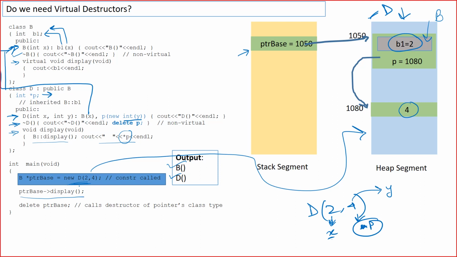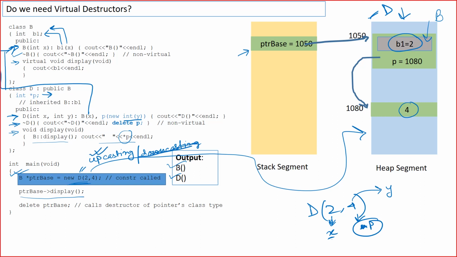Pointer base is pointing to this D. So here this is a base pointer and it is pointing to a derived object. So upcasting or downcasting? Upcasting is done.